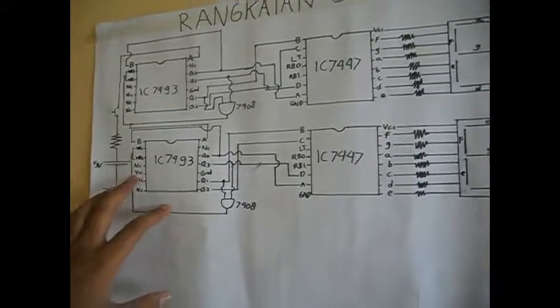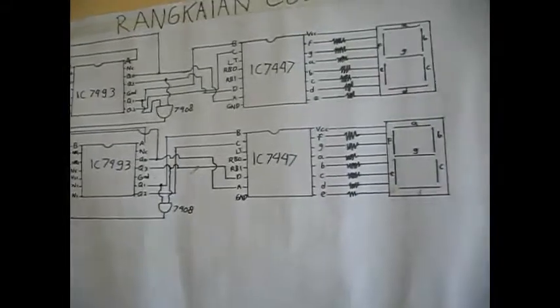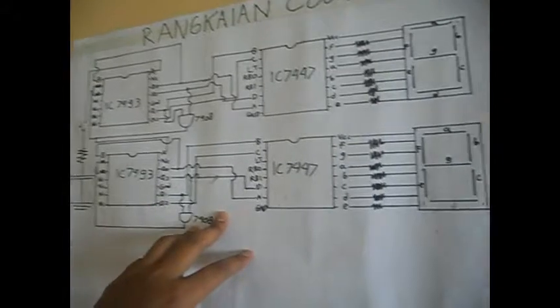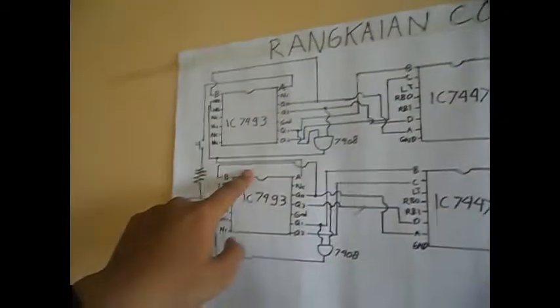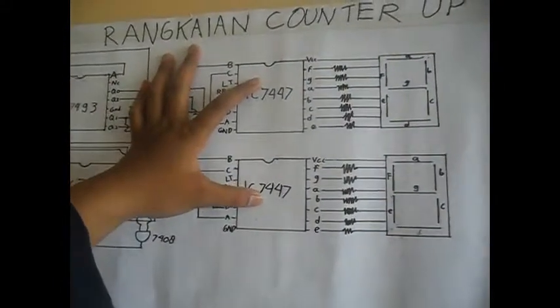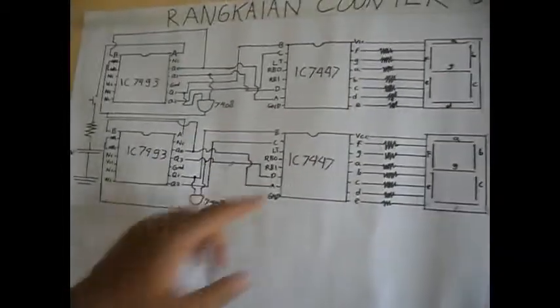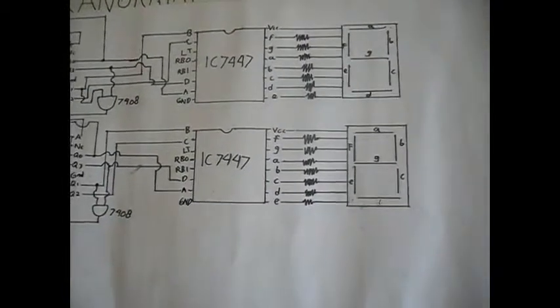Next is IC 7447, a BCD to 7 segment decoder which serves to turn on the 7 segments. Thus the output of IC 7493 will be forwarded to IC 7447, which is then used to power the LEDs of a 7 segment, and will produce a number. After that, we will practice with the original circuit as follows.